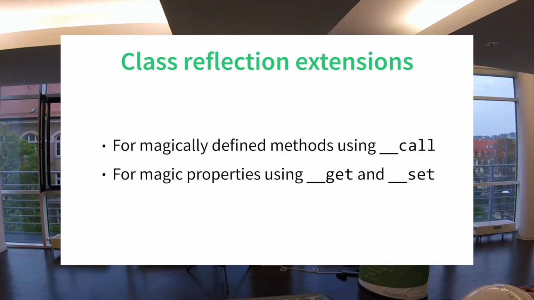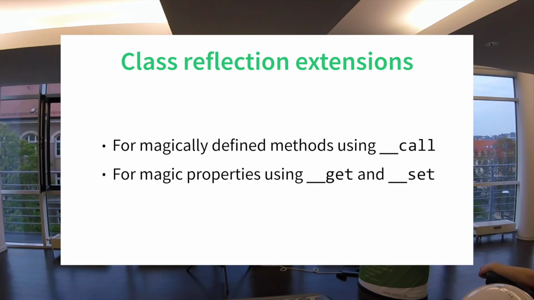And if you are using some magic in your applications, like __call or __get or __set, which can enable you to define methods which aren't actually methods in your classes, but are defined on the fly, PHPStan can work with them, and you have to write something called a class reflection extension and define those methods and properties for the purpose of static analysis.